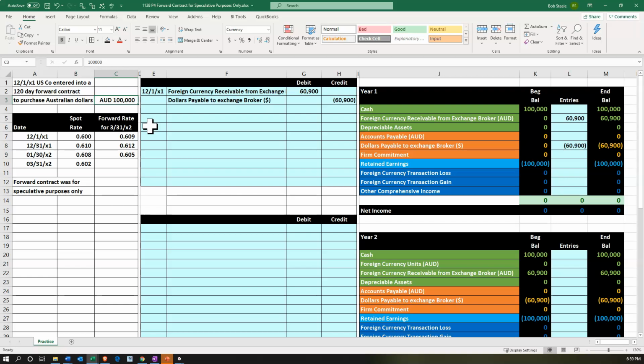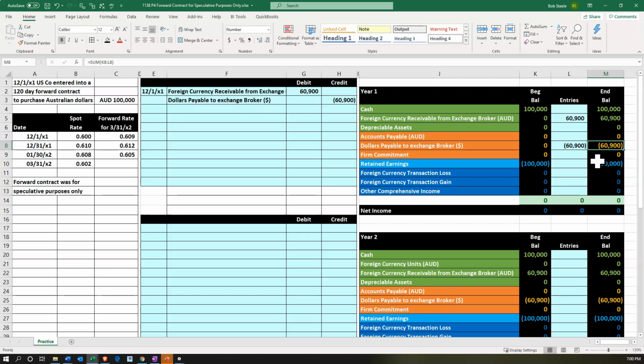We're hoping then that within the 120 days, or by the end of it, the Australian currency gets stronger. Because if that were to happen, then we would be paid in the Australian currency, which would have more purchasing power, and we'd be paying back in US dollars, which stays at the 60,900.